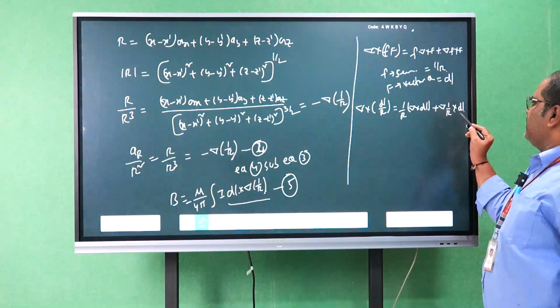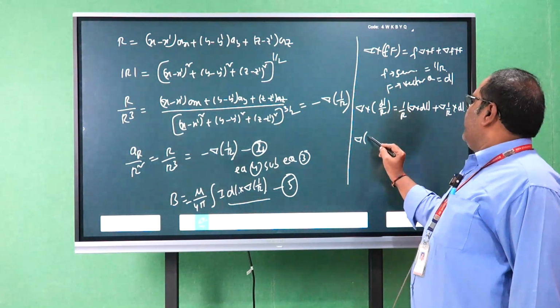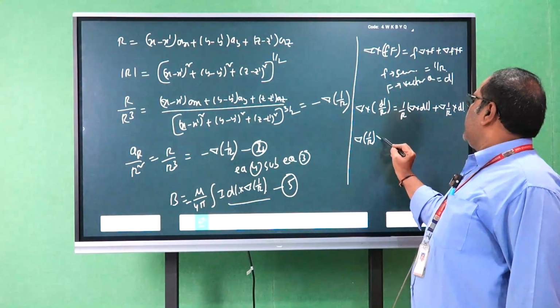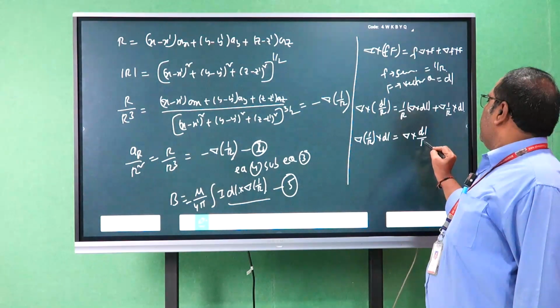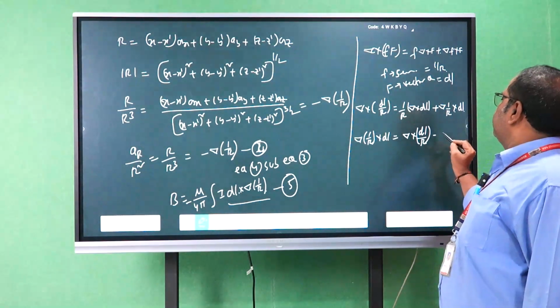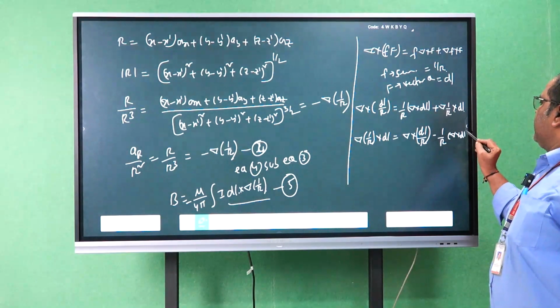My aim is this one: del(1/r) cross dl is equal to del cross (dl by r) minus (1/r) del cross dl.